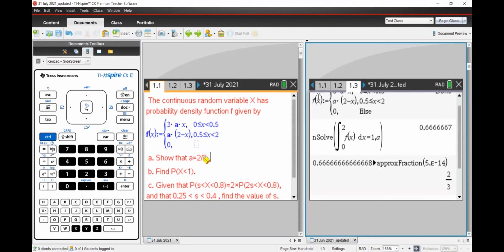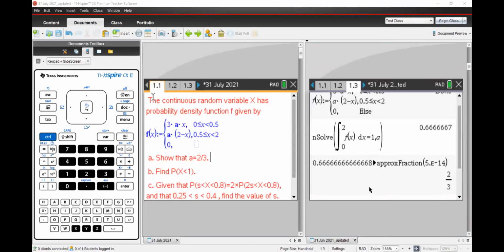So now for the next part, where it says find the probability when your random variable x is less than 1, what I can do... Hassan, sorry, there is a quick question here from Brijesh. If the question says show that a is equal to 2 by 3, can we use the calculator and say it is 2 by 3, or should we manually integrate and show? You may not manually integrate this, but in your answer space, you must write that you used integration.